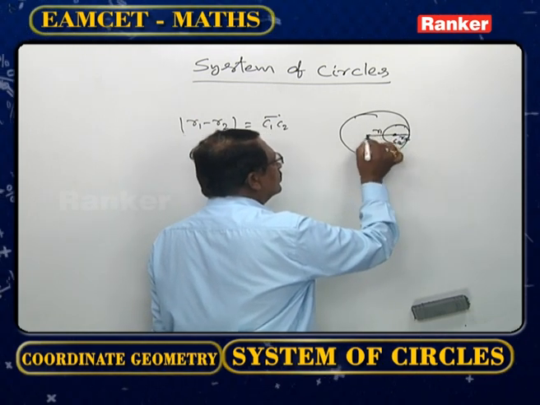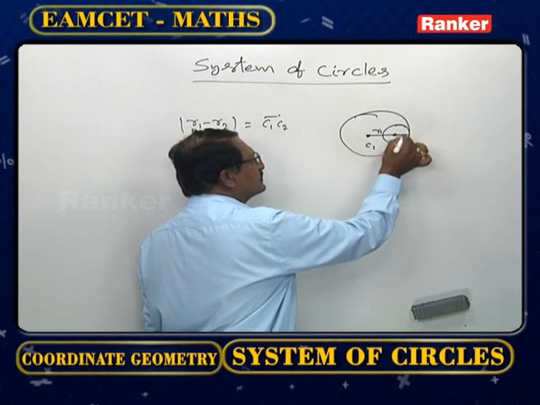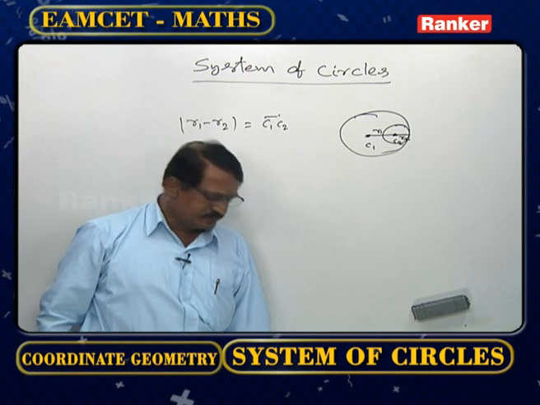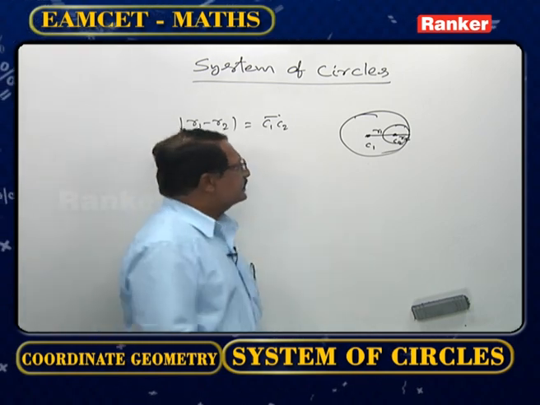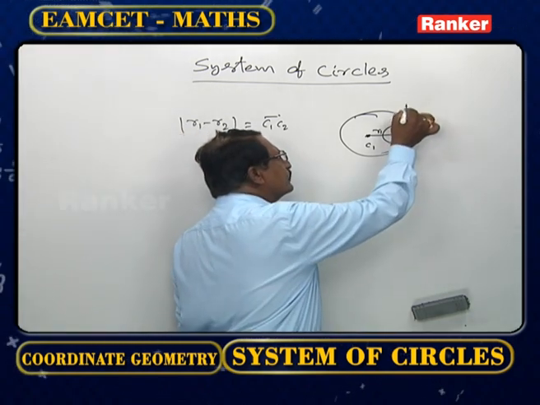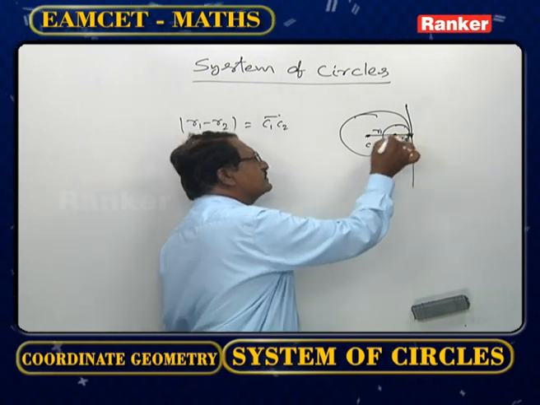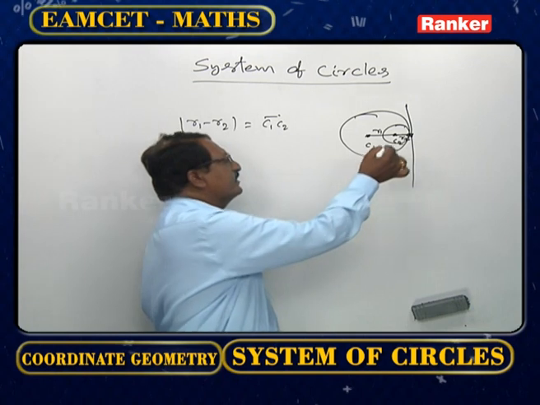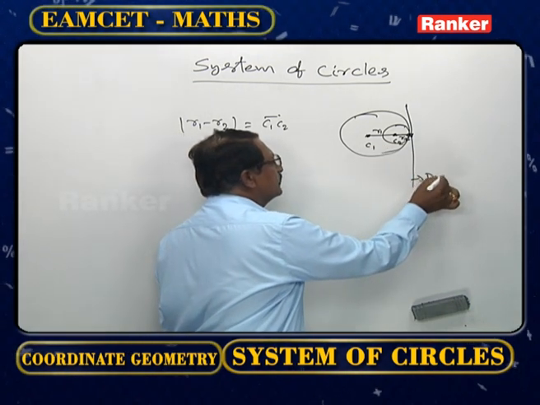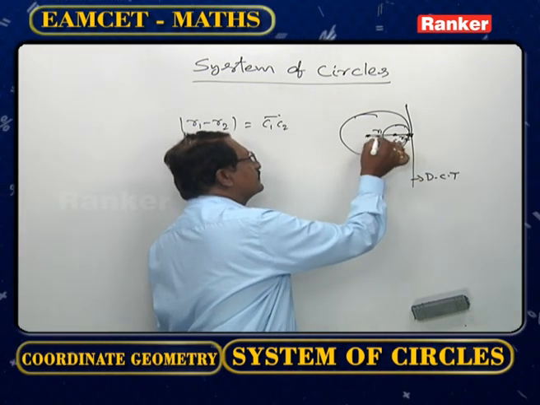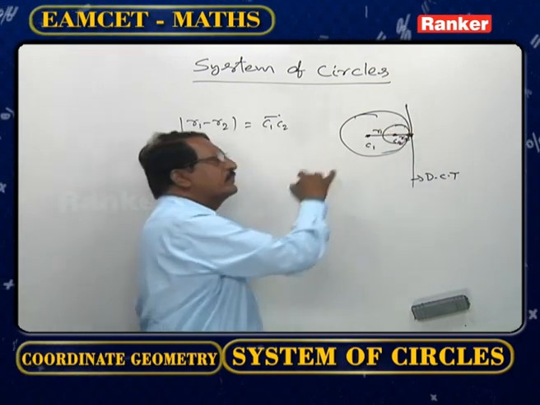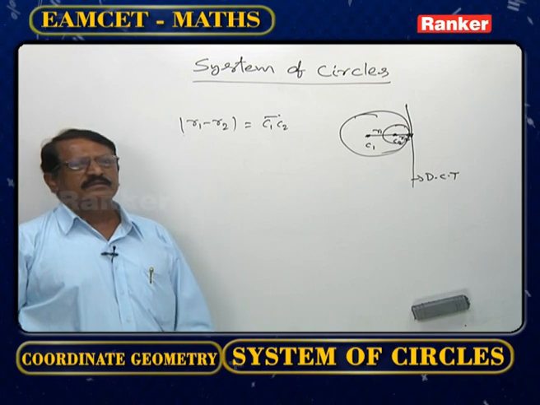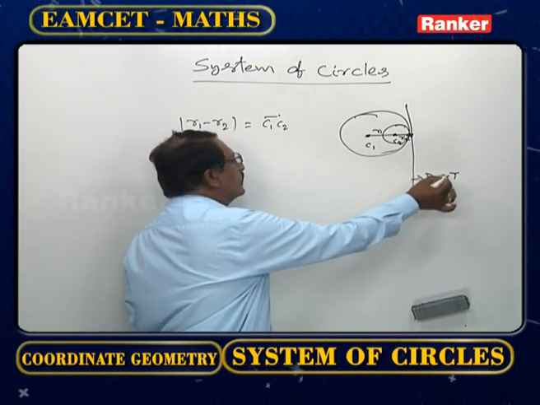These circles have only one common tangent, which is a direct common tangent, because the centers of the two circles lie on the same side of the common tangent.